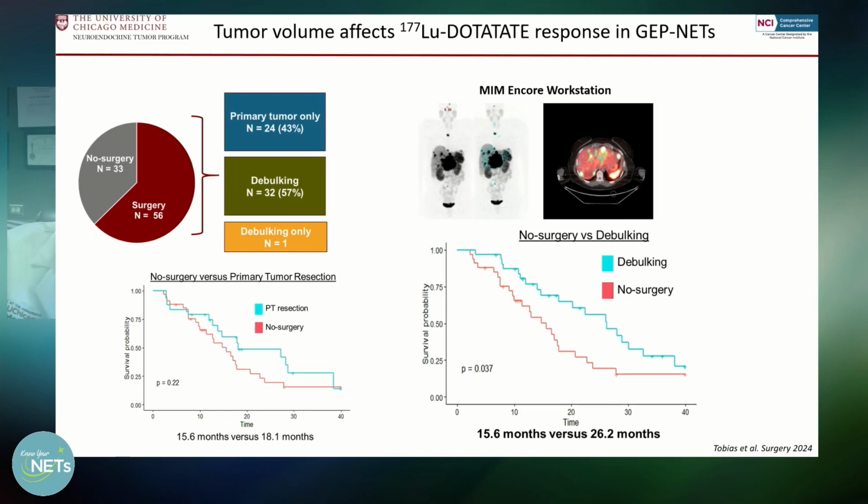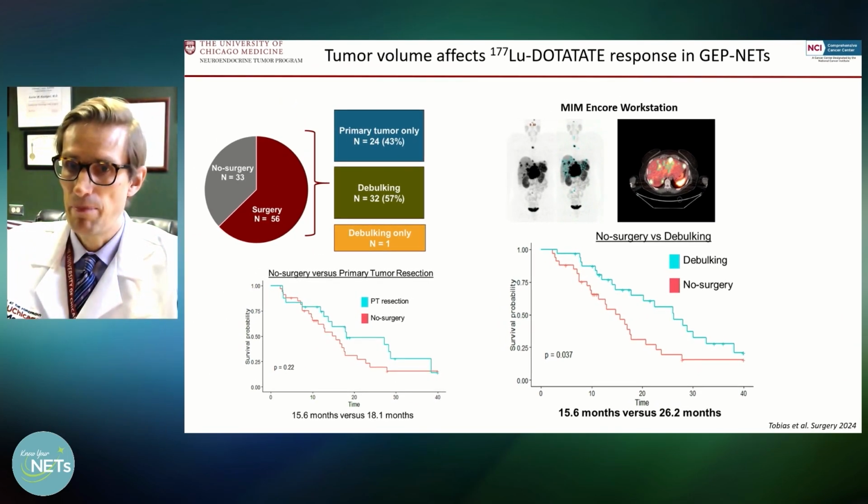So again, the more tumor volume you reduce by debulking, taking most of the tumor out, that actually had a beneficial improvement on patients that had debulking surgery versus those that didn't in terms of progression-free survival after they received PRRT.